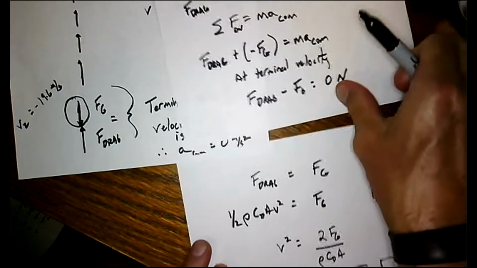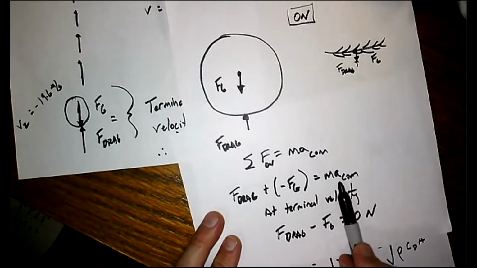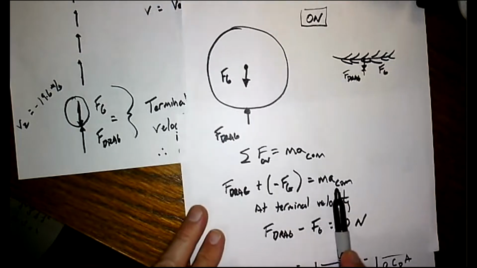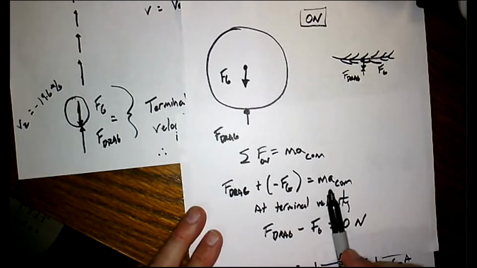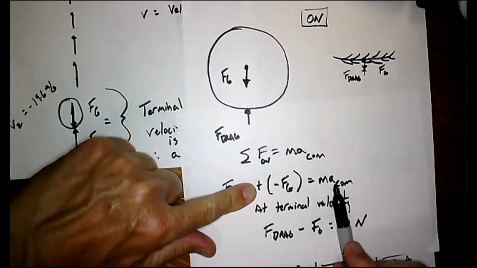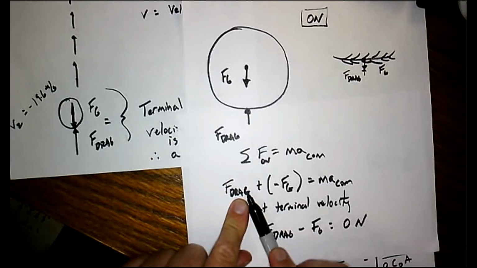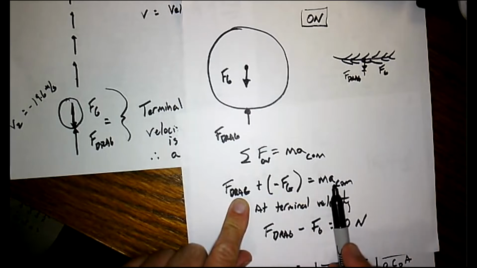If I go back to this part up here, acceleration will not be zero prior to that, nor will acceleration be negative 9.8 meters per second squared, because that's only if there's no drag force. If there is a drag force, whatever it is, that's going to change the net force acting on the object, and that acceleration will not be negative 9.8 meters per second squared.